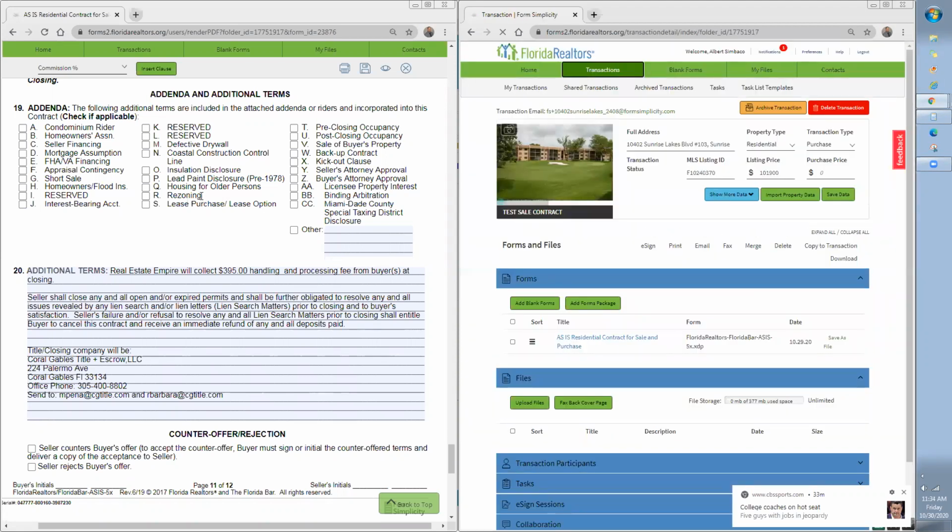The rezoning one is really mostly for developers. Let's say a developer is purchasing some land or purchasing a house that hasn't been built yet, pre-construction, but they are interested in making sure that they can rezone that land into something they want.